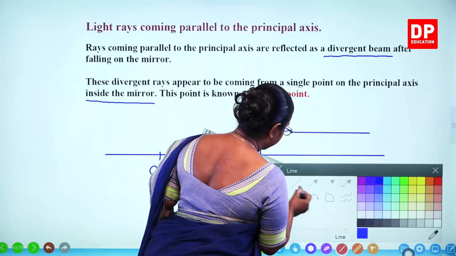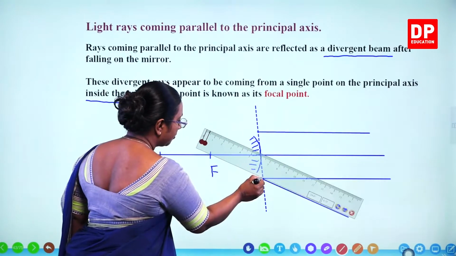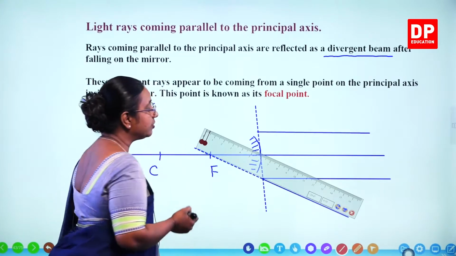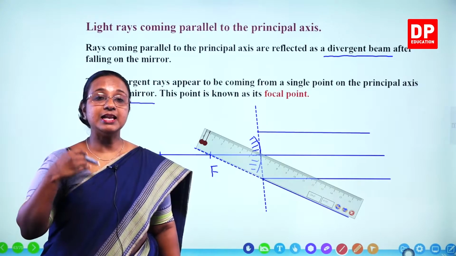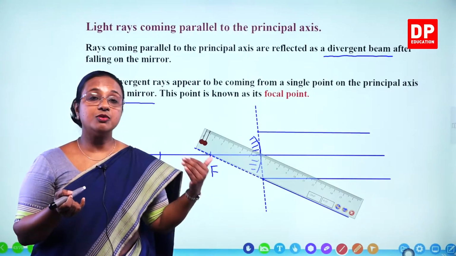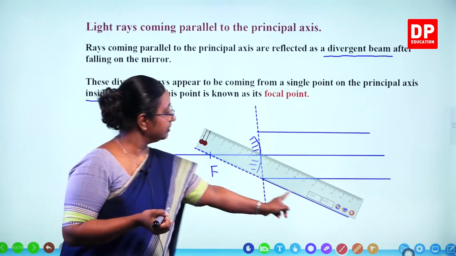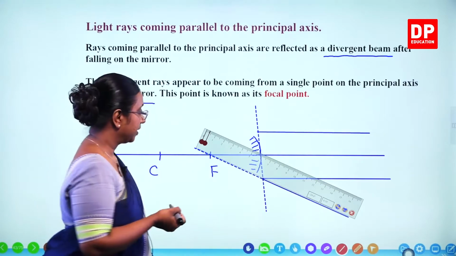At the same time, we will use a broken line to extrapolate the rays. Why do we use a broken line? Because that is an imaginary ray. There are no rays going through. So we are extrapolating this reflected ray.